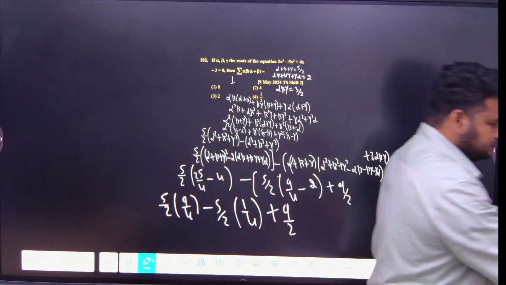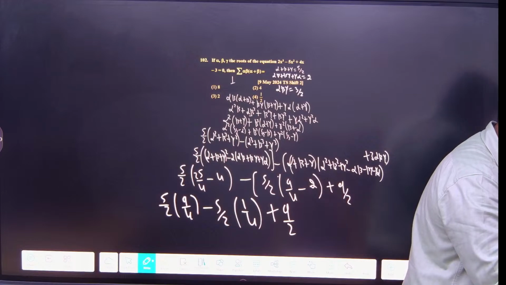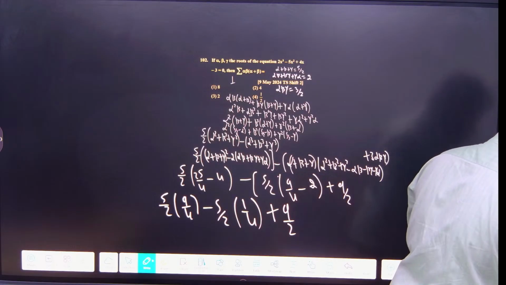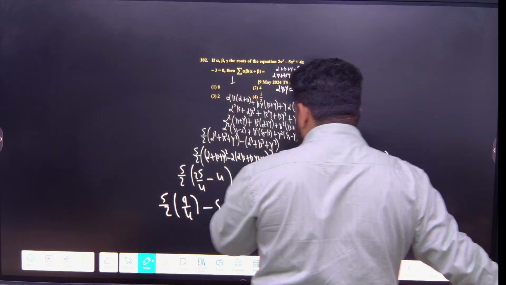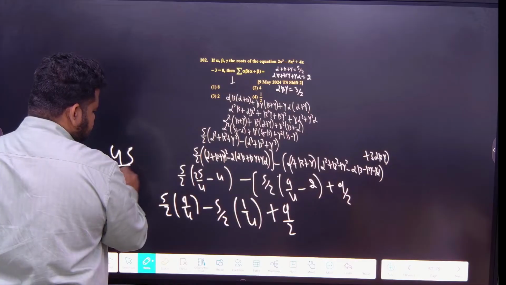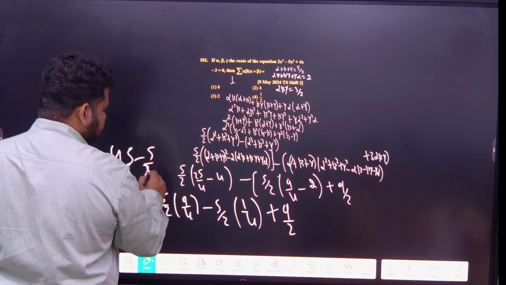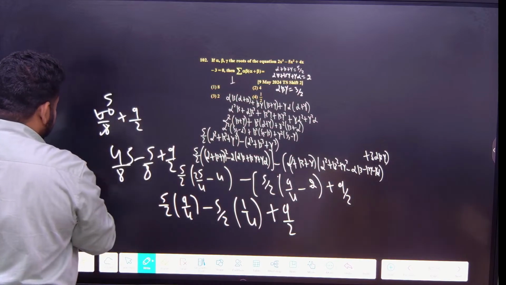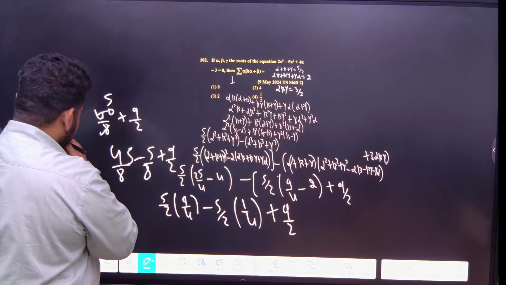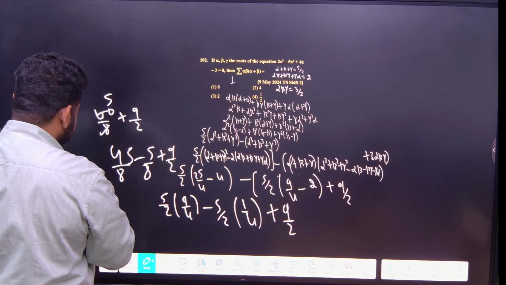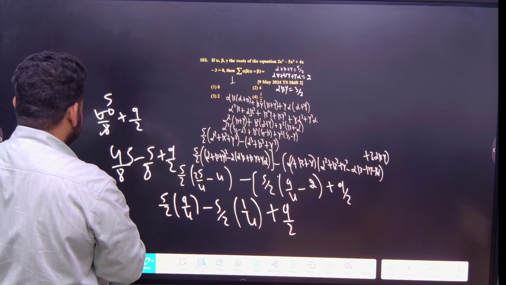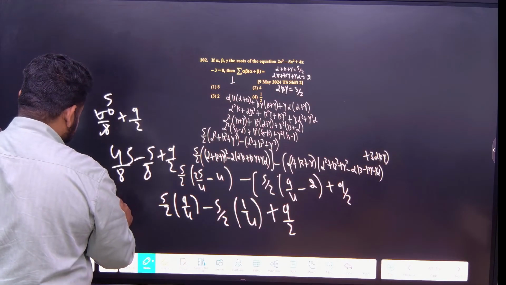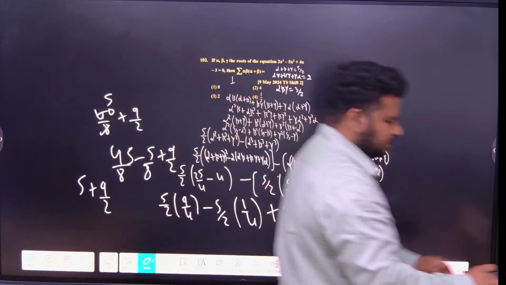Somewhere we have made a mistake, let us check. We have to get minus here, I think.